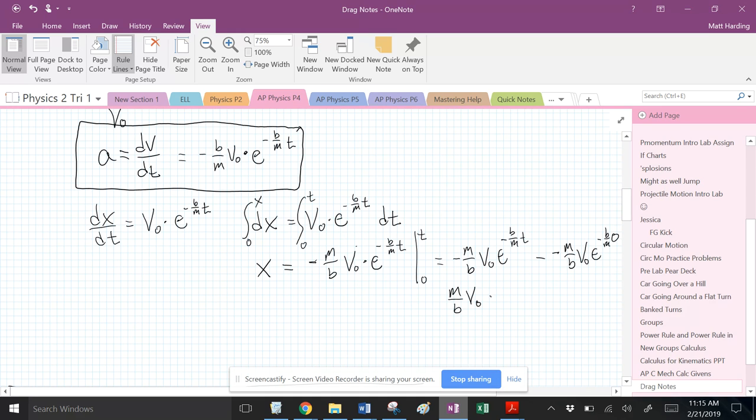And then over here, negative m over b v naught times e to the negative b over m t. Okay, that equals x. I can clean that up a little bit: factor out m over b v naught, and this becomes 1 minus e to the negative b over m t. All right, that is equal to x.